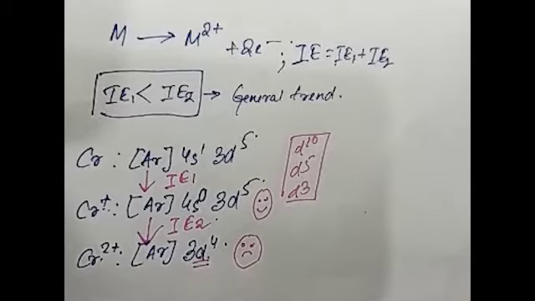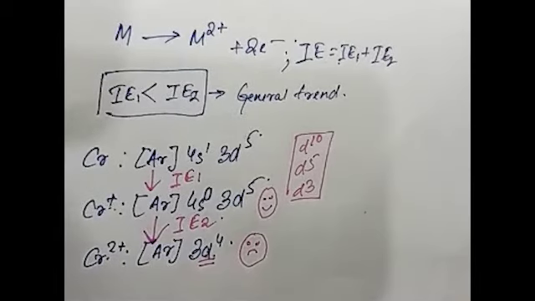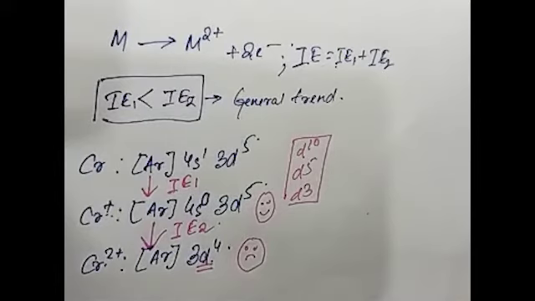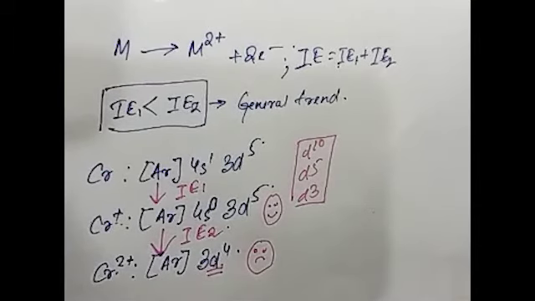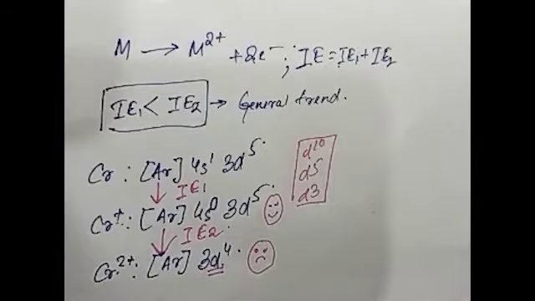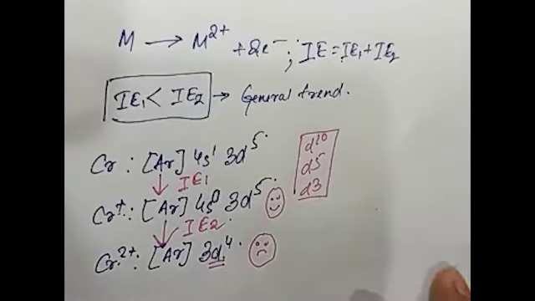So what happens is your IE2 is very high, because it does not want to become like that. If something is your favorite, you won't like to sell it, still if somebody needs to buy it, then you will place its price very high. So this is the normal concept, and this is why IE2 is sometimes very high in some cases.